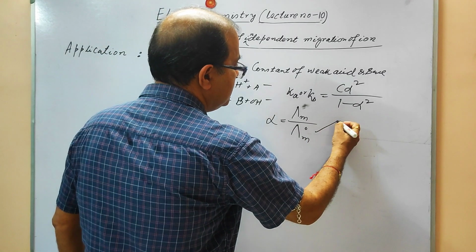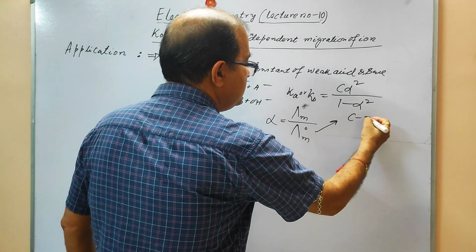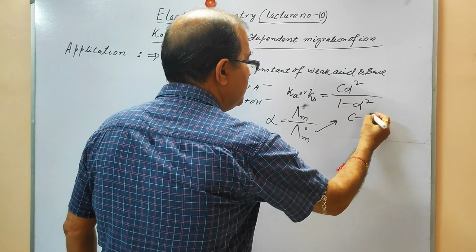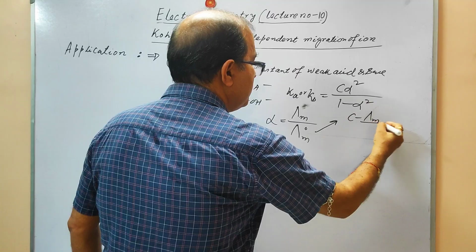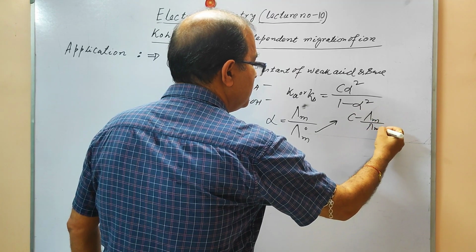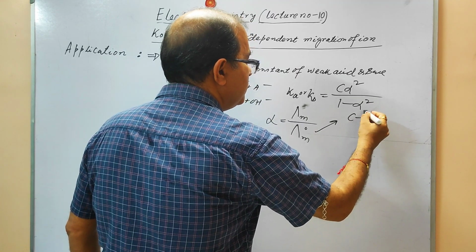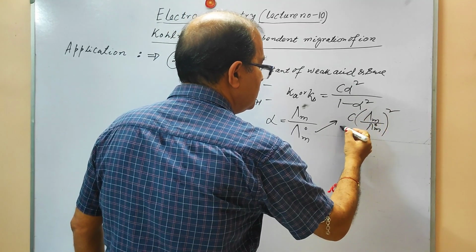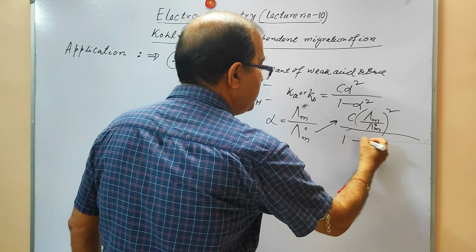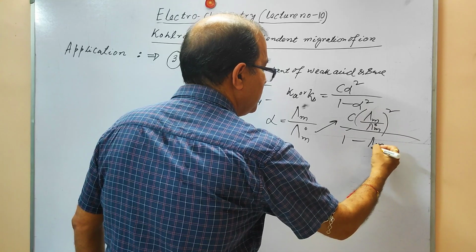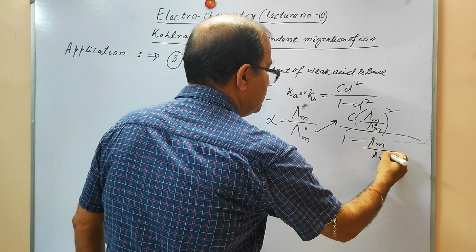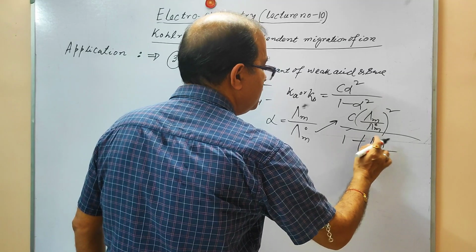If we put this, we will get C into lambda m by lambda 0 the whole square, divided by 1 minus lambda m by lambda 0.